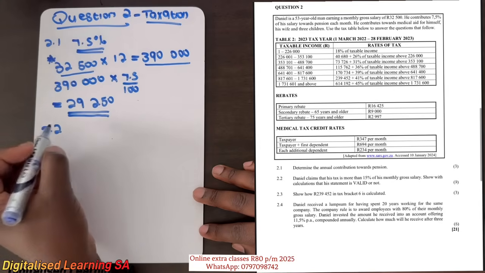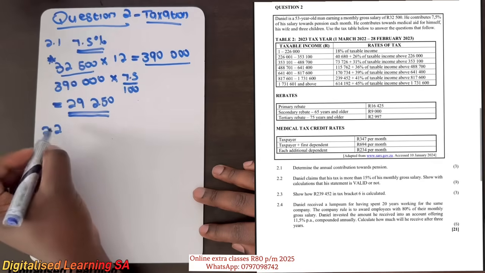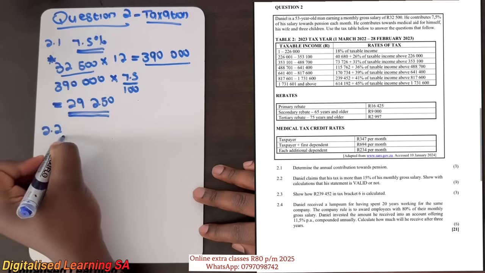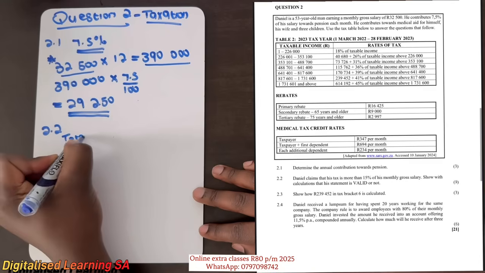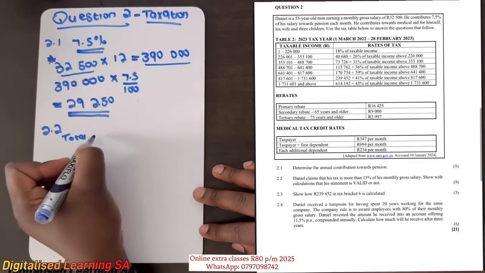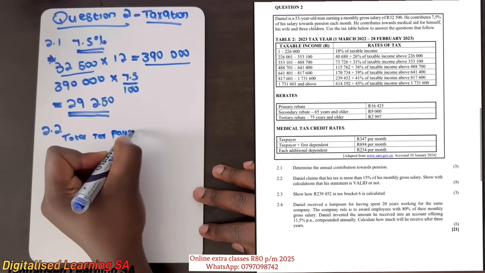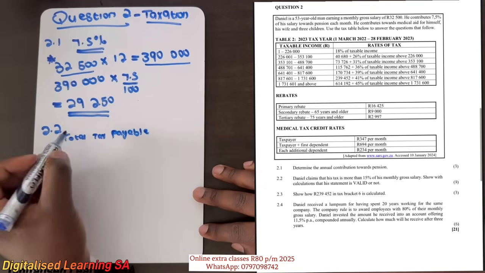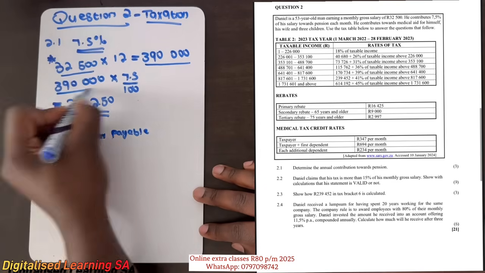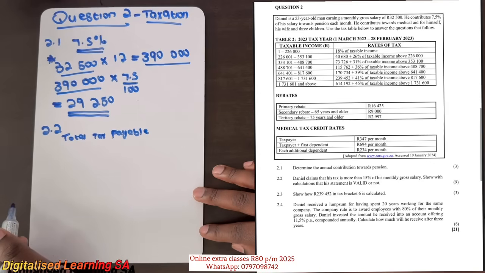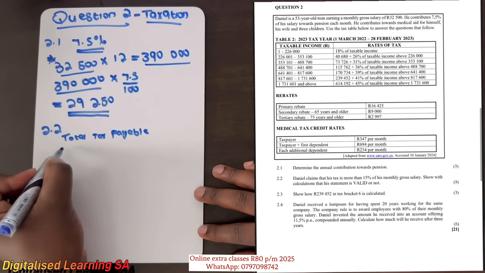We first need to calculate the total tax payable from what he earns. We know that he earns 390,000 in a year, but guys, pension is not taxed, meaning that we need to remove it from his annual salary. So we say 390,000 minus the pension contributions, 29,250, because it is not taxed.